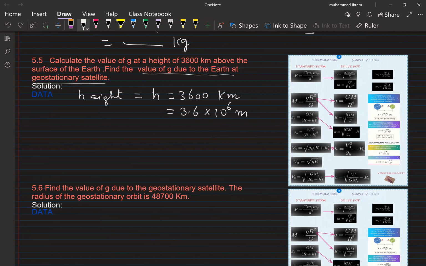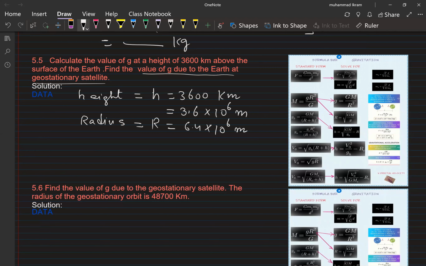This is the height. The radius of the earth is not given. That is a hidden variable, right? The radius of the earth R is 6.4 into 10 to the power 6 meter. And find the value of g at that altitude.